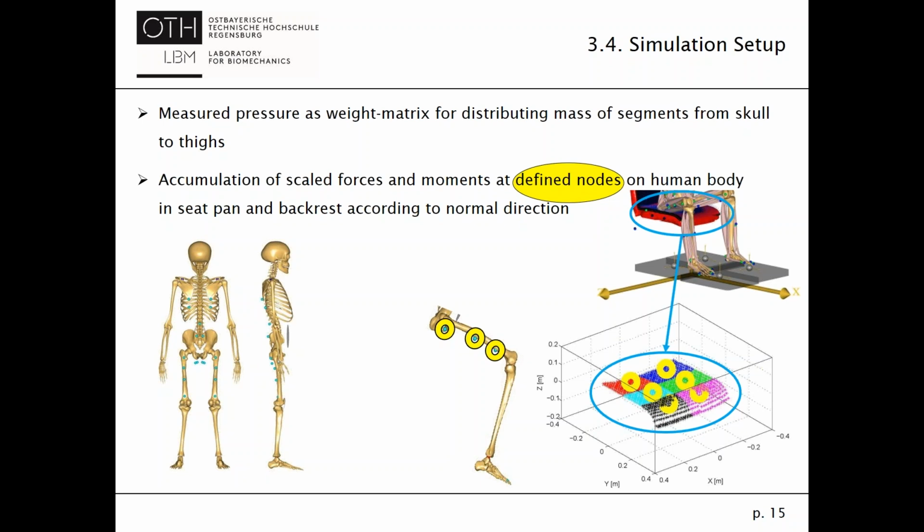And the color in this plot here indicates the belonging. And then we compute the forces by splitting up the scaled forces in X, Y, and Z according to the normal direction, and the distance of the human node to the pressure node serves as a lever arm, and so we can compute the moments.